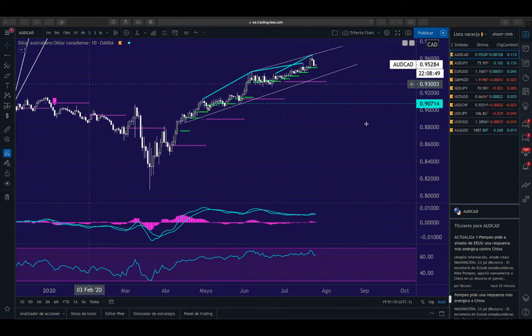First of all, here we have the Australian dollar against the Canadian dollar, and as we can see, we have a nice upwards channel with a strong trend line here, and in the same direction the line of the channel.